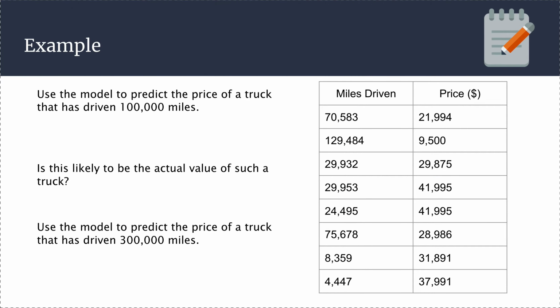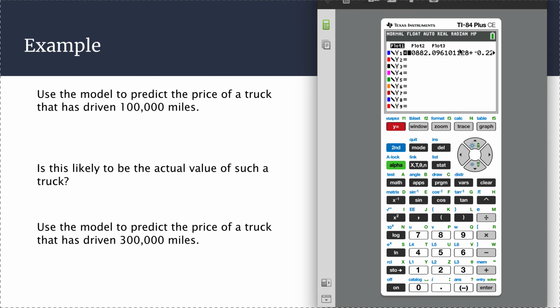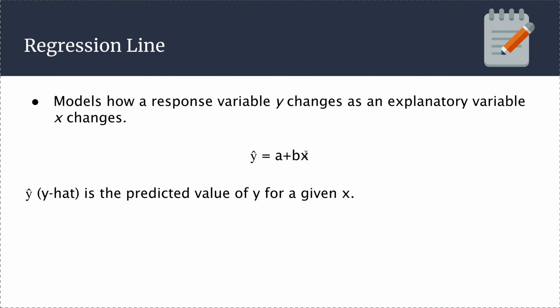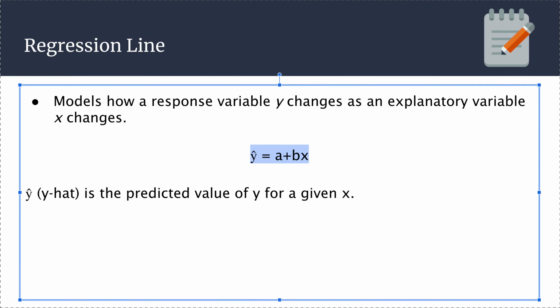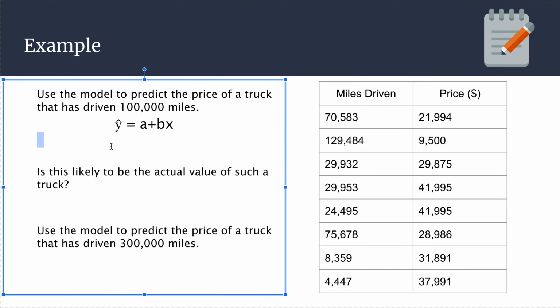Cool. So we are now told to use the model to predict the price of a truck that has driven 100,000 miles. Well, we know what the model is. If you wrote out by hand what the actual linear regression model is, remember our general form of the linear regression is this.